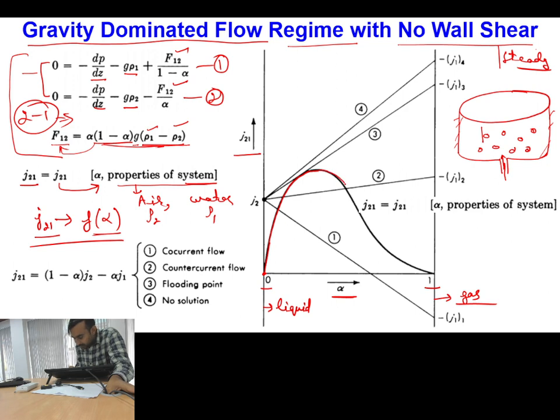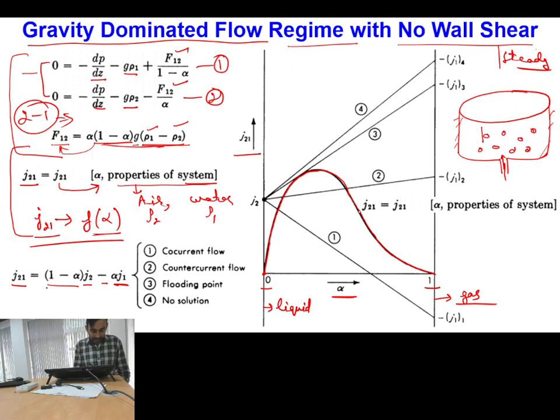Okay, so this curve gives the relationship between J21 and alpha. Is this one clear? Now, this is coming from the governing equations. But I have one more equation, which tells that J21 can also be written as (1 minus alpha) into J2 minus alpha into J1, where J2 and J1 are the individual volumetric fluxes of each phase.